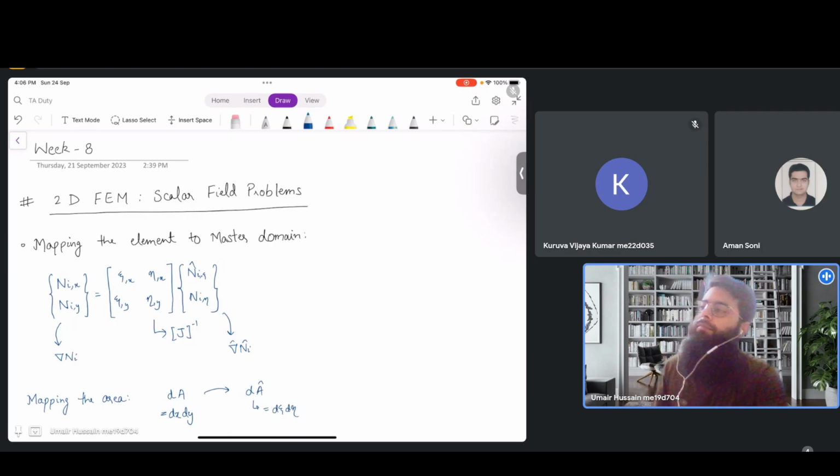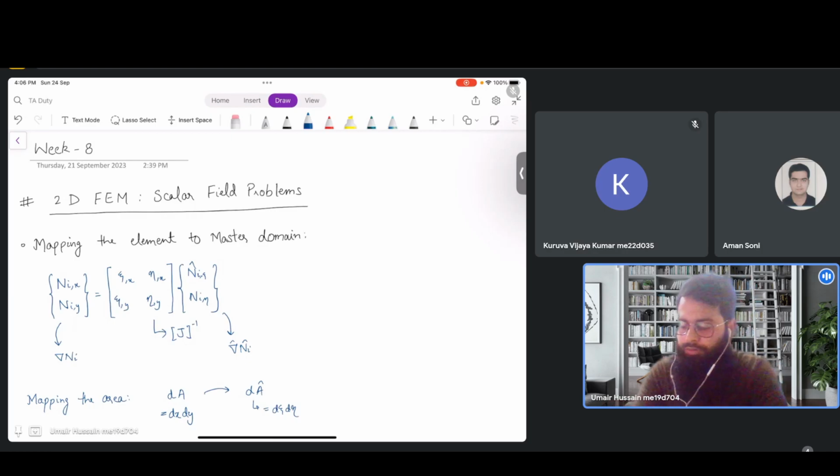In 1D FEM, we discussed certain standard problems in mechanics, especially the bar problem, the truss problem, the beam problem, and finally we concluded the discussion with a frame element problem that combined all the concepts we had discussed before. So this concludes the discussion on 1D FEM.